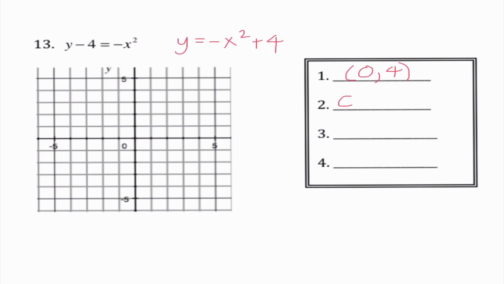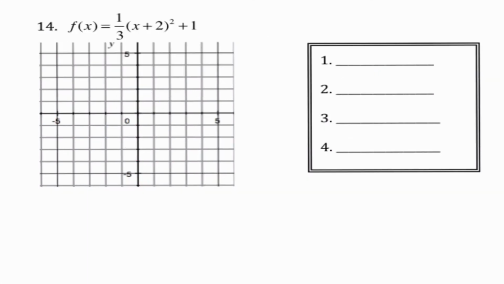So that means it's going down, and it is normal. And my line of symmetry would be x equals 0. Okay, so there is 0, 4. If it's down and normal, I'm going to go ahead and put those points and sketch my line of symmetry. So I'm hoping you guys can see that this is extremely repetitive. It's really just learning how do we find these characteristics.